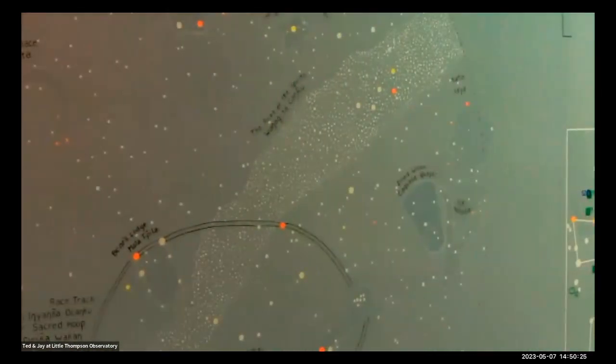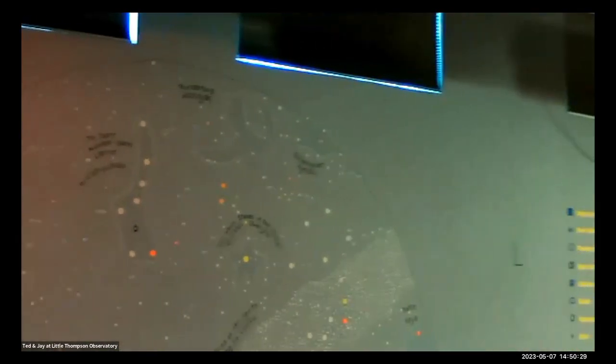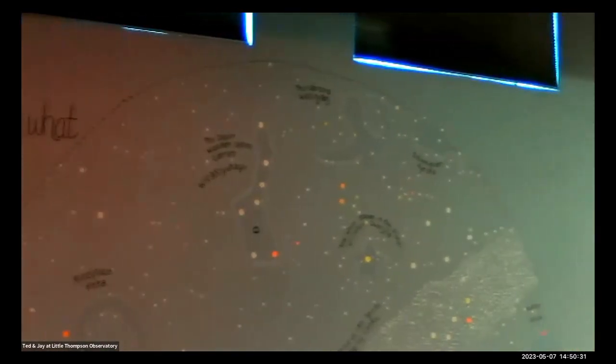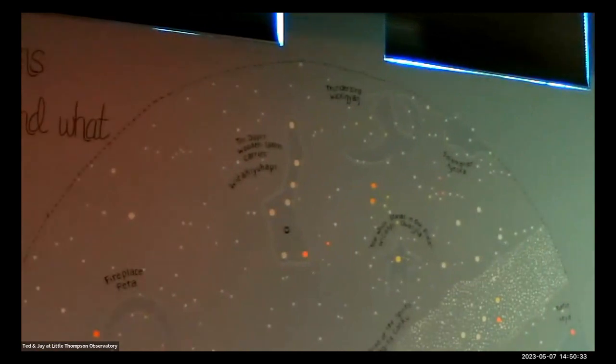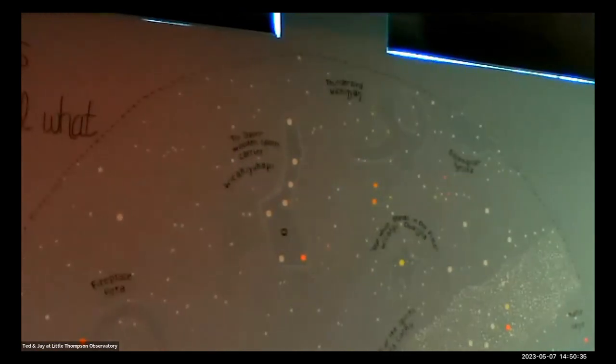So we can sort of talk about the apparent motion of stars through the seasons. And the one thing that is failing on any printed map is the location of the sun and the planets, and the moon.